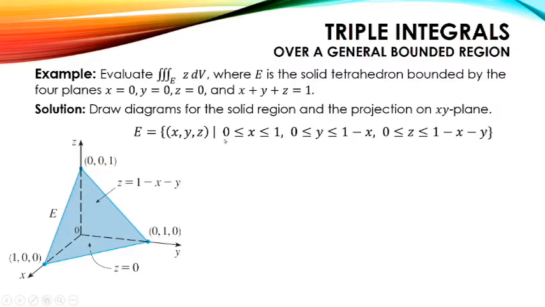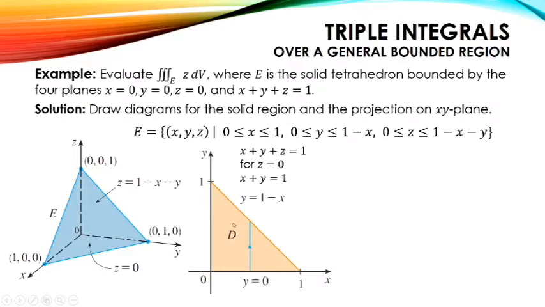So x is from 0 to 1. And y is from 0 to 1 minus x. Dahil dito manggagaling yun. So, for x plus y plus z is equal to 1, yung plane surface na to, for z is equal to 0, so yung line na to would be the boundary x plus y is equal to 1.